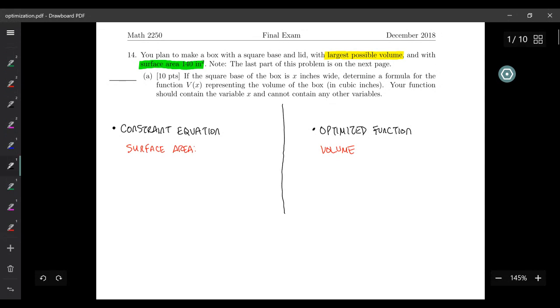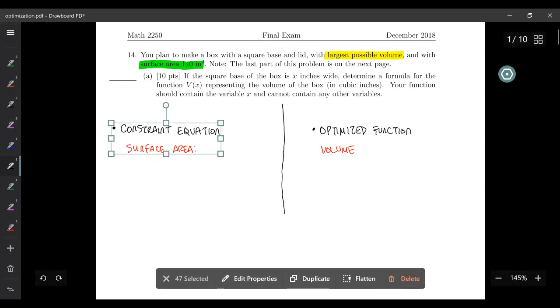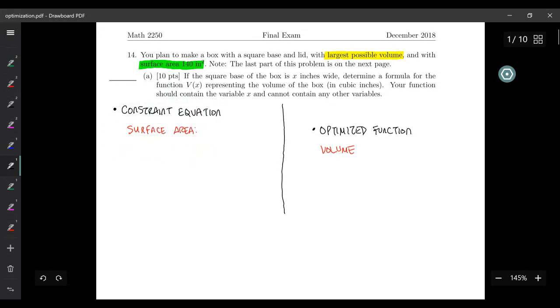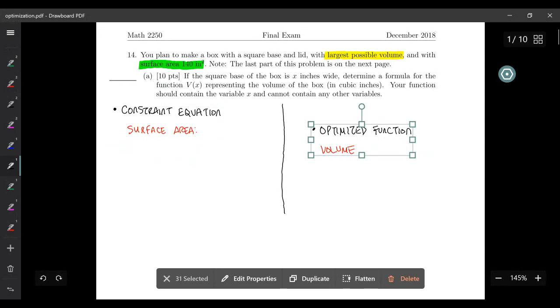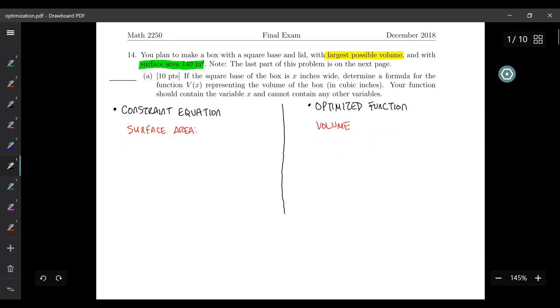All right, so we're going to keep these two things in mind. I'm going to move them up a little bit. Okay, so now this is where you start drawing a diagram. So I'm going to draw it here.